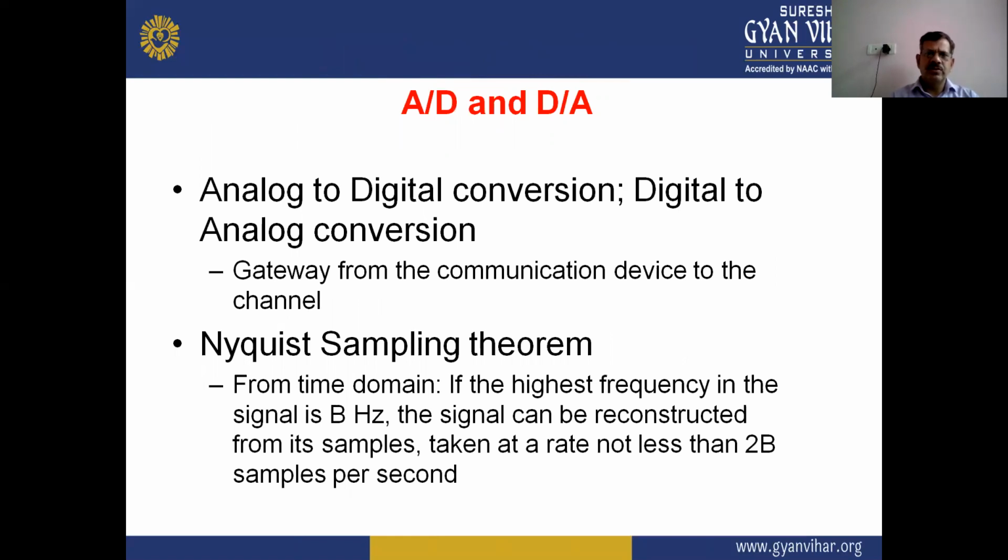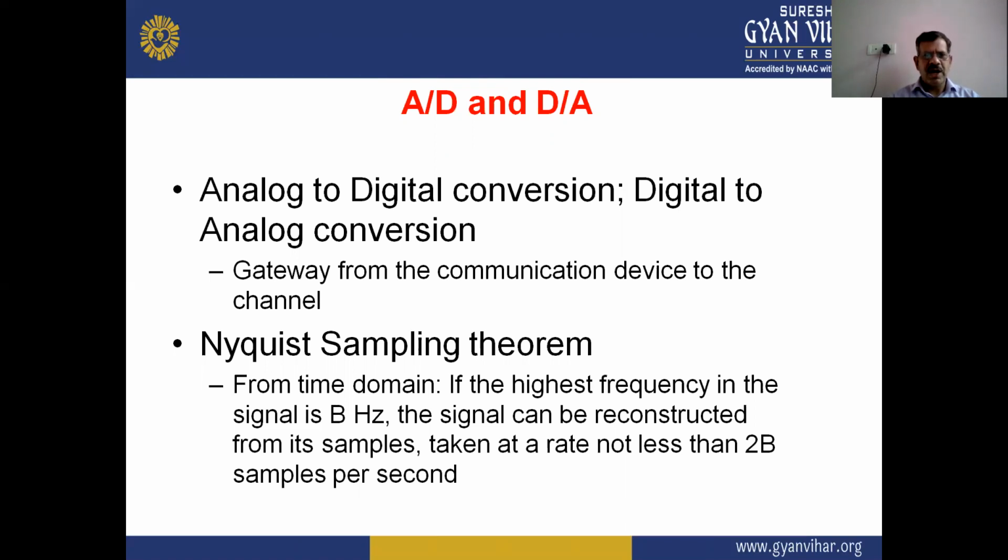So analog to digital conversion and digital to analog conversion are the gateway from the communication device to the channels. And what is the Nyquist sampling theorem in a communication system?